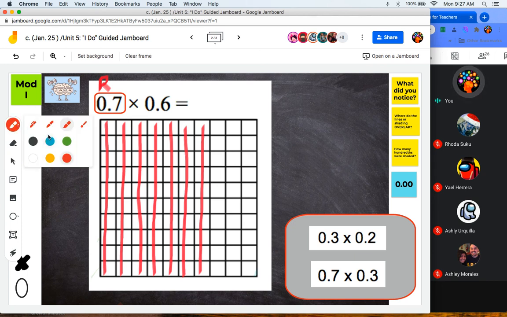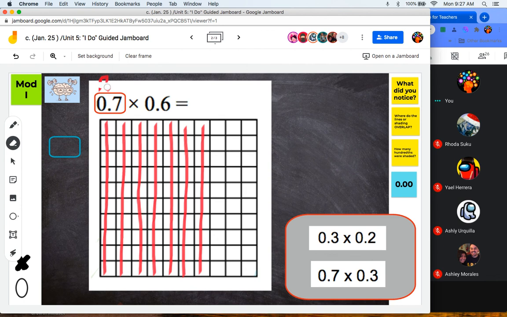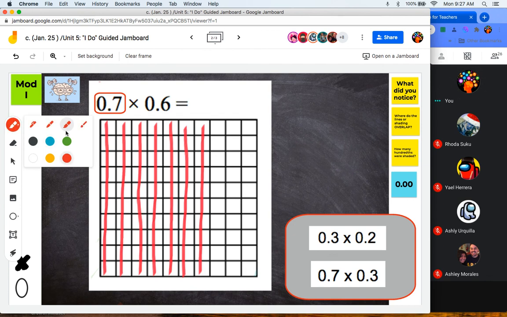My second factor, excuse me, not rows, columns. Change that. Going too fast. All right. Second factor is rows or horizontally.